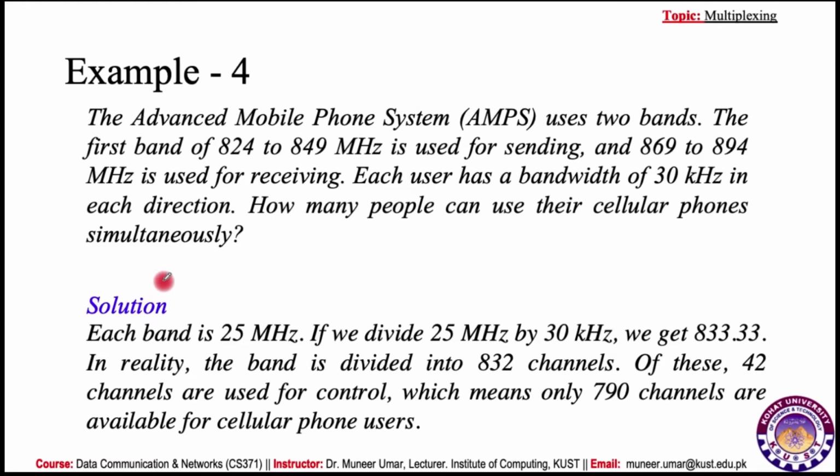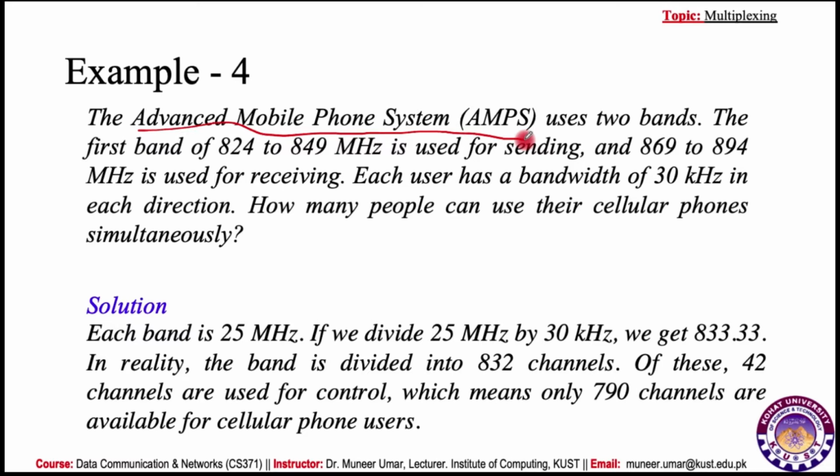We have another example for frequency division multiplexing. It's example number 4. The advanced mobile phone system, AMPS, uses two bands. The AMPS is the 1G, first generation cellular phone, and this was before the GSM.